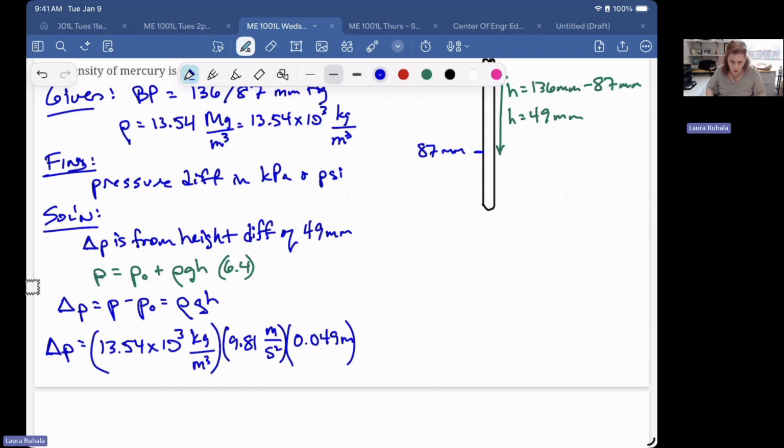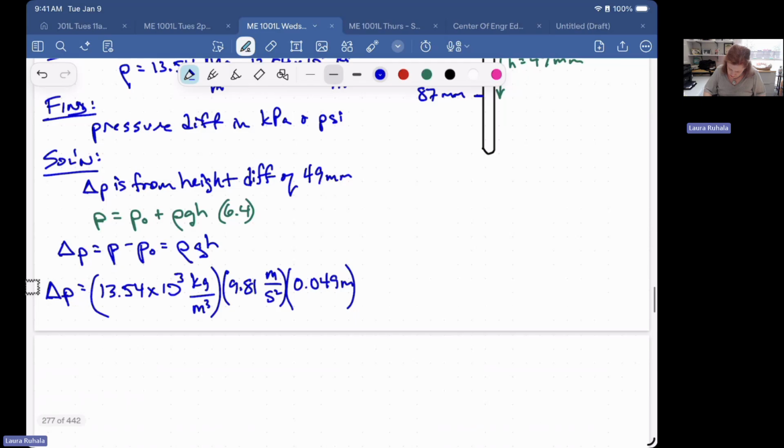Okay. So what is going on with my units? In the top, I've got meters squared. In the bottom, I have meter cubed. So I'm going to get an answer in terms of kilogram per meter second squared. So delta P, let me do this.